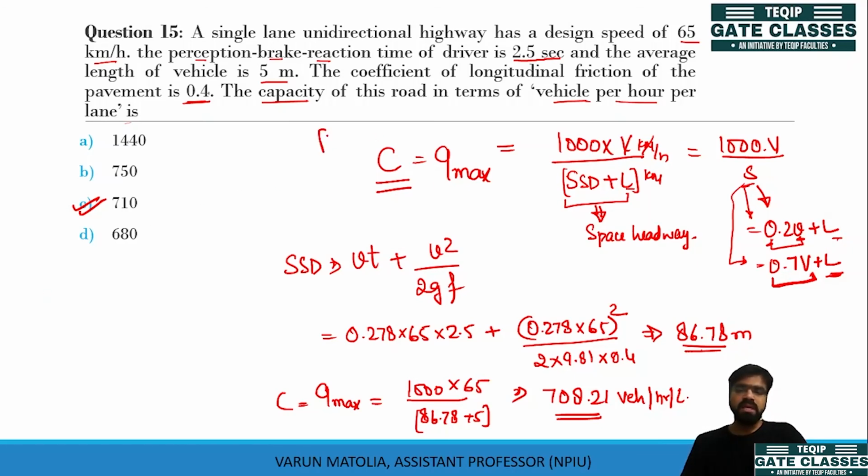This is known as basic capacity. If you are asked in a question what is the equation of basic capacity, this is the basic capacity. You can also use basic capacity in terms of time headway.